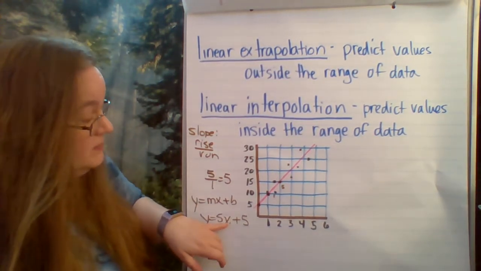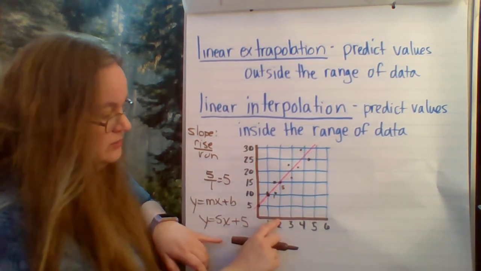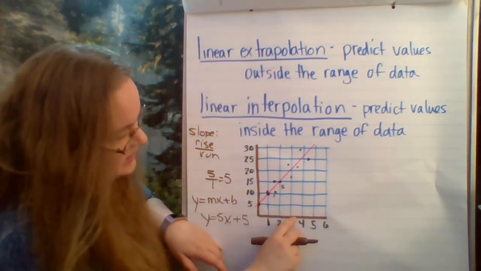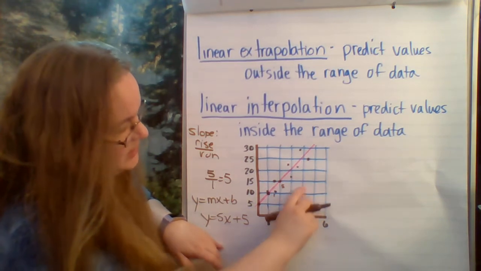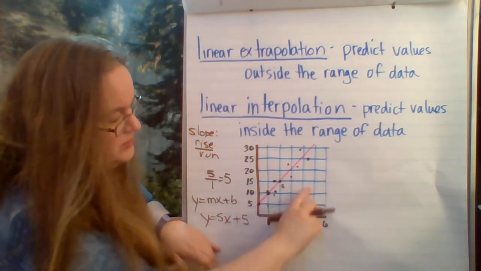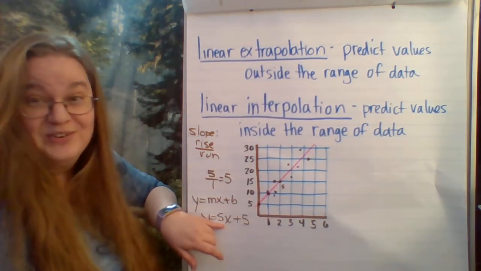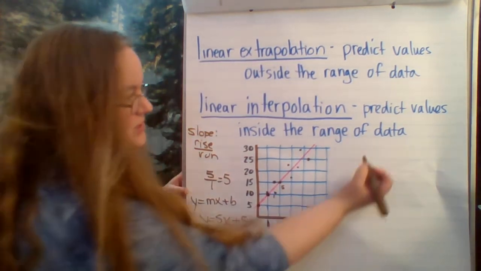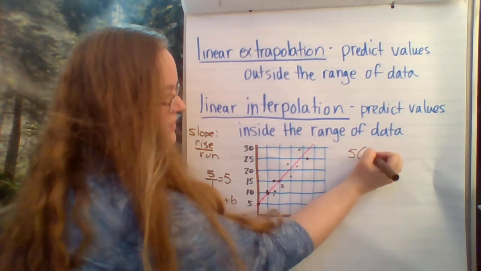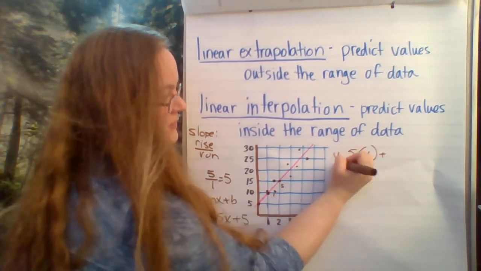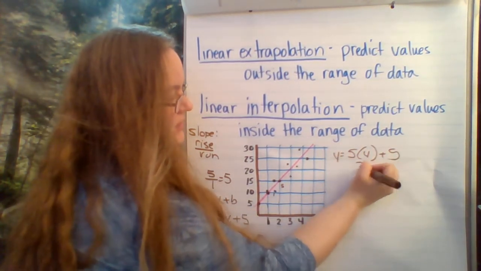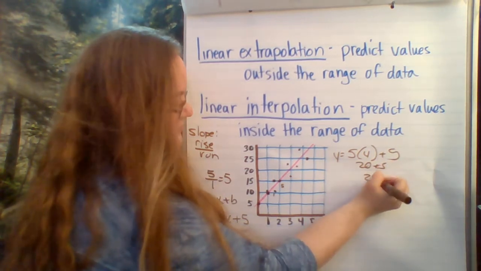Now, if I wanted to know what it should be at, say, 4, because I do not have a point, I don't know what that value would be when x is 4. How do I figure that out? I just substitute it in. So I would do 5 times 4 plus 5 and get 20 plus 5, or 25.